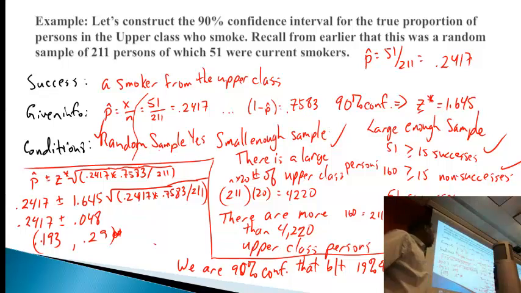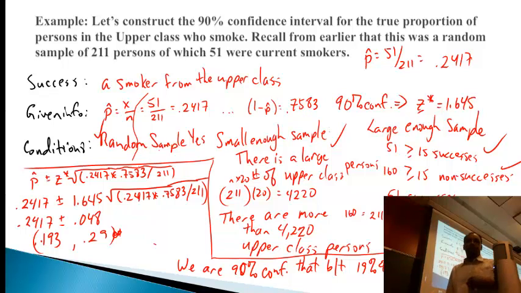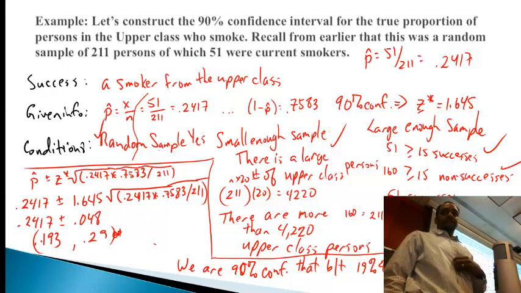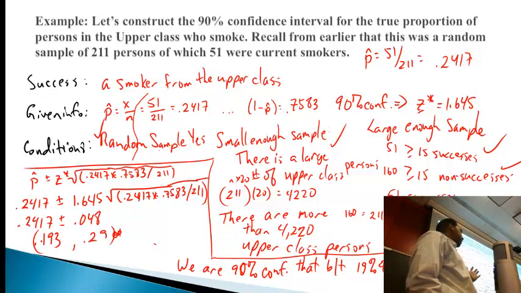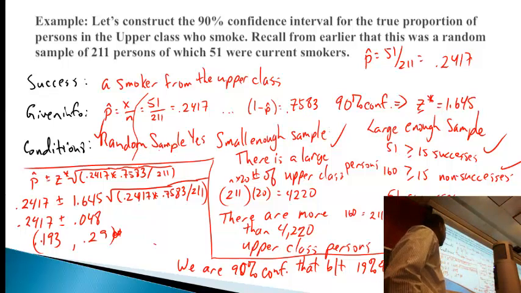Having it in this format makes it easier for you when I start writing at the very bottom. So we're 90% confident, the same kind of language from before, that between 19 and 29% of upper class people smoke. Or that the true percent of people who smoke upper class is between 19 and 29. Please be careful with how you put things in the calculator under the radical. I think that's a good stopping point, and you got out 1 minute early. Okay, good.